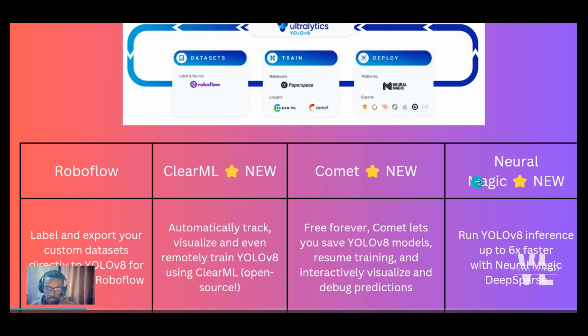Finally, we have Neural Magic, which runs YOLO V8 inference up to 6 times faster with Neural Magic DeepSparse. So if you want to deploy the YOLO V8 model, you can use Neural Magic, and the exports can happen for TensorFlow, PyTorch, and other AI frameworks.